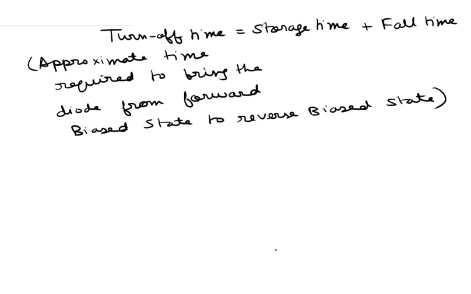So the turn off time is the approximate time that the diode takes to go from the forward bias state to reverse bias state.